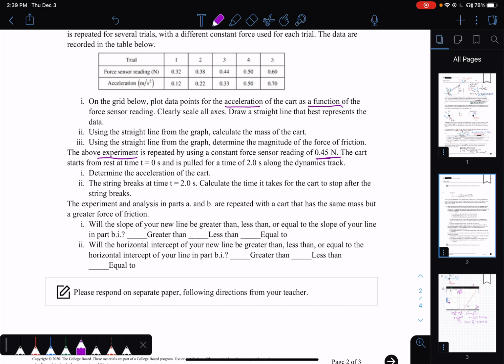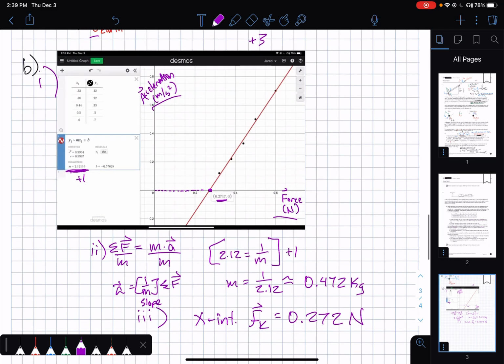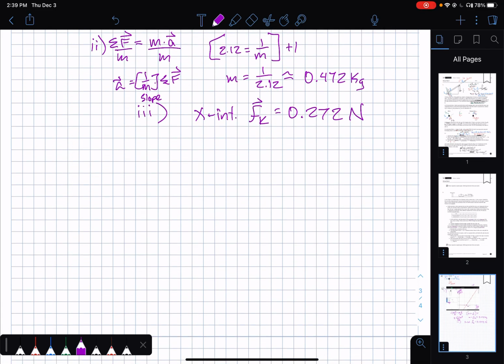This is part C, I. We want to know the acceleration. And that acceleration is coming from the tension minus how much kinetic friction you have. And that equals mass times acceleration.